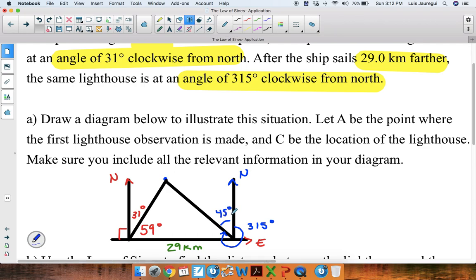One more time, making use of the fact that north and east make a 90-degree angle, we understand that these two angles are complementary. So you would just subtract 90 minus 45 degrees to get the measure of this particular angle, and that makes it a 45-degree angle as well. Now, with that said, we can figure out the third angle.